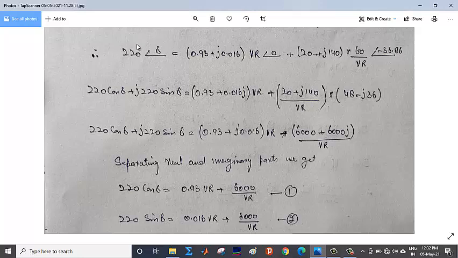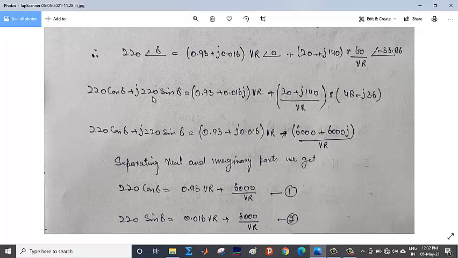I have dropped the 10 raised to the power 3, since B is in ohms and IR has to be in kiloamperes so that this term will be in kilovolt. That's why I have used IR in kiloamperes: when I multiply ohms by it, I get kilovolt. I hope you understand this point.